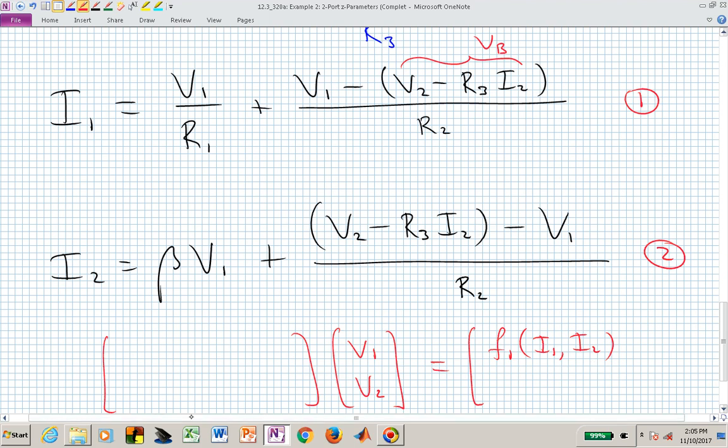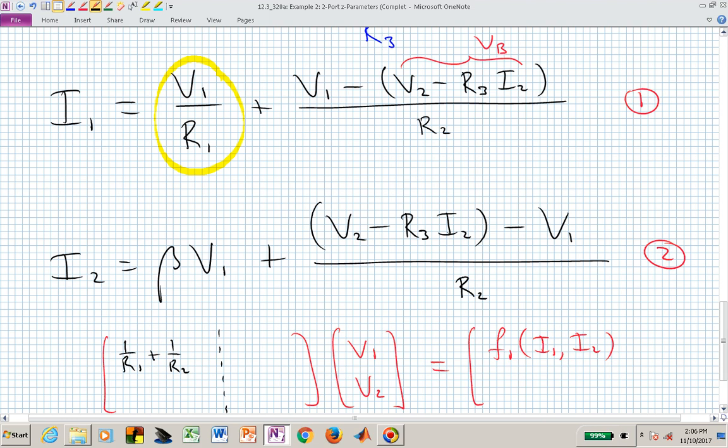So we have something over here, and one of those pieces would be 1 over R sub 1, and we have another V1, which is plus 1 over R sub 2. And that's now what multiplies V1.